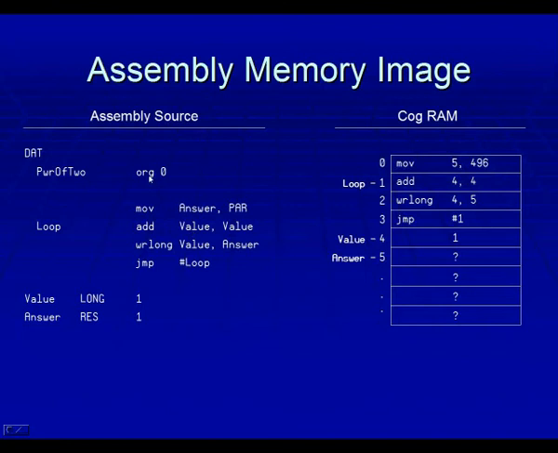And if you had org missing or you set it to some other value, those symbolic addresses would be calculated differently, and your code would not run properly unless it was loaded at some kind of offset where everything lined up again. So case in point, just make sure you put an org statement at the top of your code.